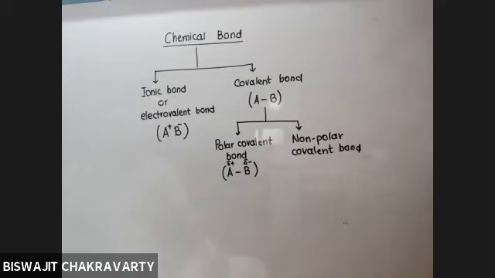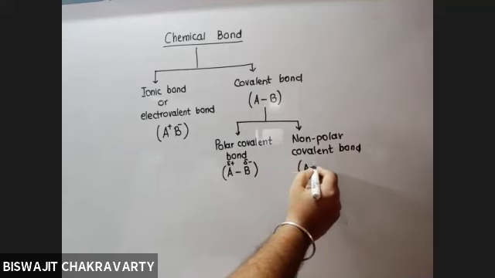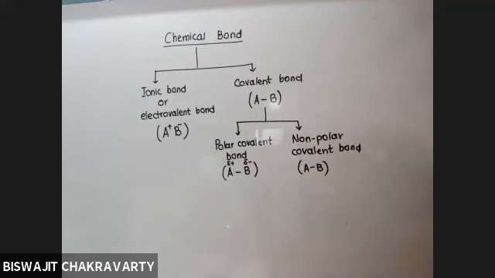But if the difference of electronegativity is 0, which means that both atoms have exactly the same electronegativity, or even if some difference is there, it is negligibly small, then nobody is going to develop any charge on them, and hence they are referred to as non-polar covalent bond.